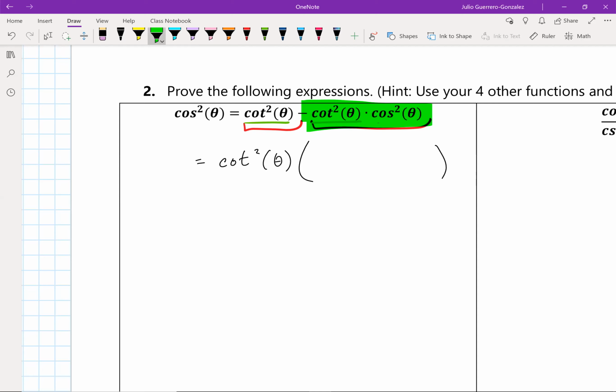Cotangent squared theta. Nope. Try again. A 1. Not 1. From the tail bit, I am pulling out cotangent squared. What gets left behind?